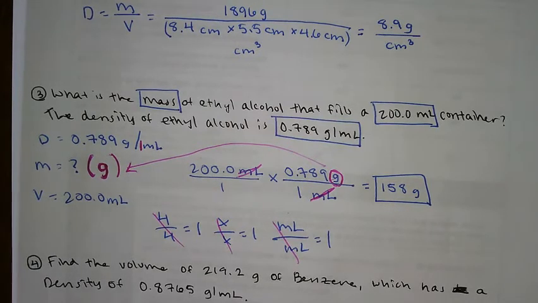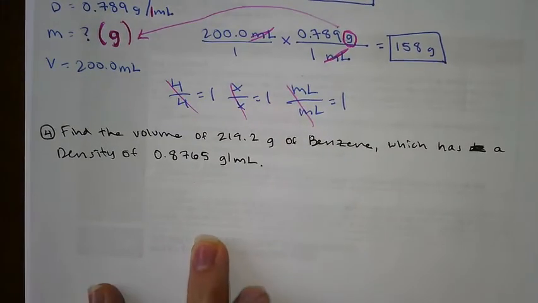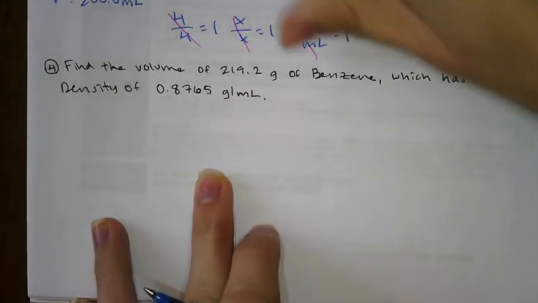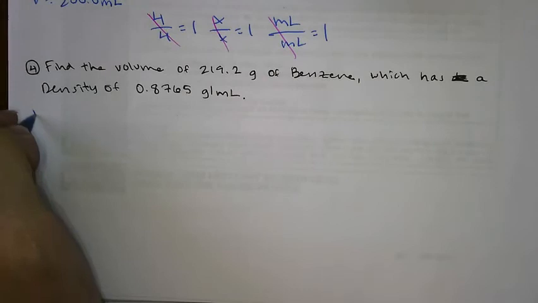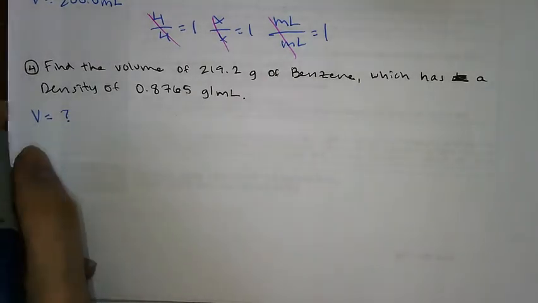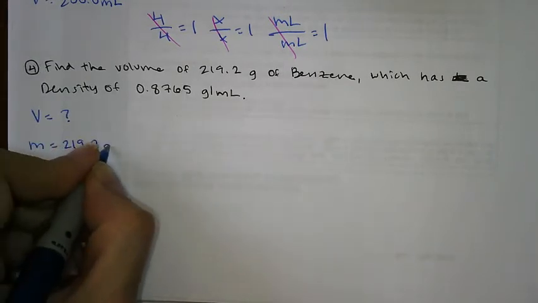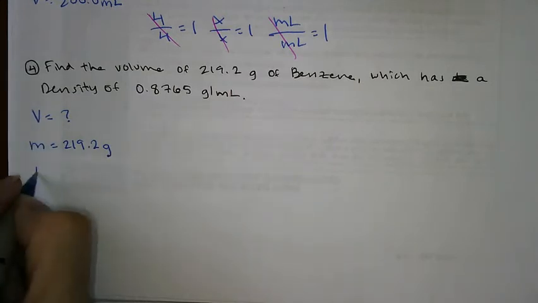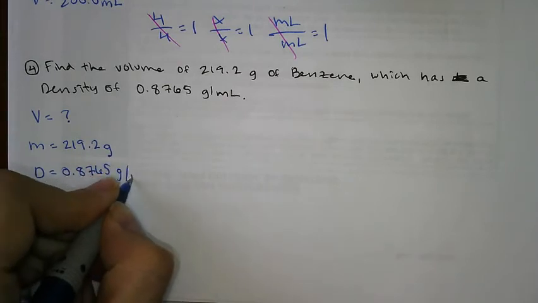Okay, so that was solving for mass. We can do one more where we solve for volume this time. Okay. So this one says find the volume. In fact, I'm just going to write that down. Find the volume. There's my question mark of 219.2 grams. There's my mass of benzene, which has a density of 0.8765 grams per milliliter.